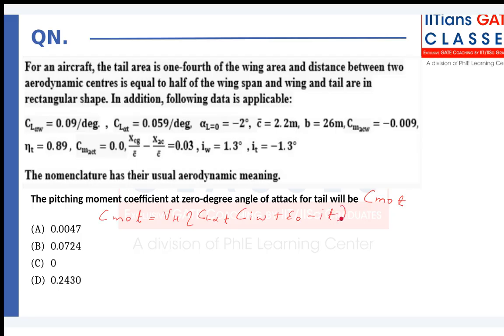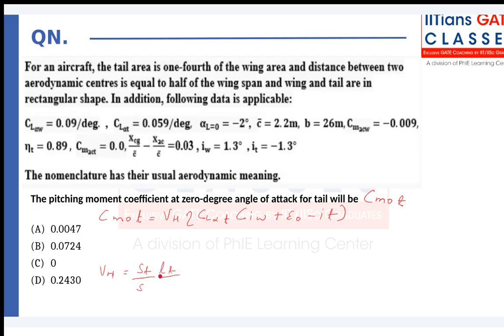We don't know VH, so let's find out VH. What is the formula for VH? Just write it a little below so we can substitute it later. ST by S, LT by C bar.